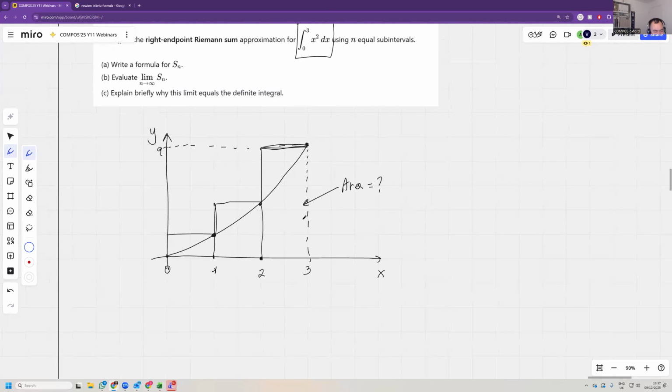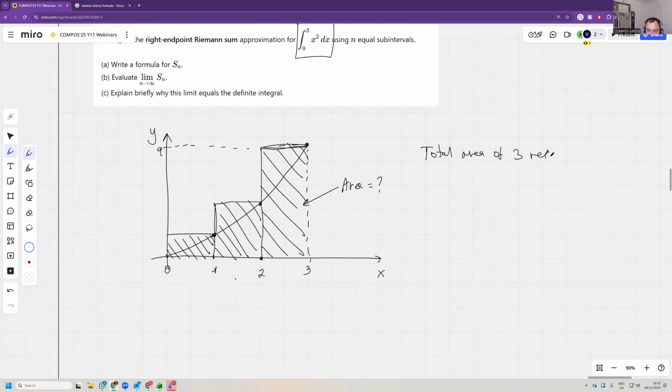So I'm saying that the area of these 3 rectangles is slightly more than the area under the curve. So total area, the area of 3 rectangles.